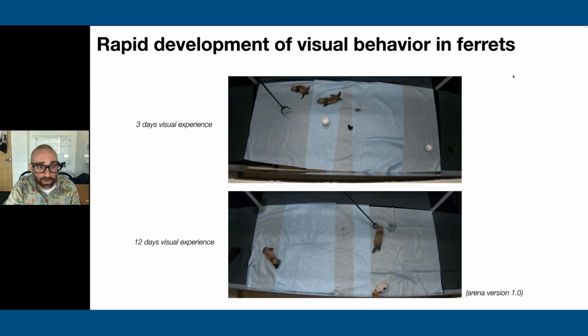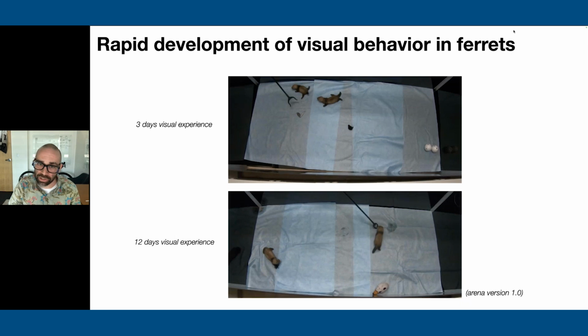And of course, we had to start by understanding what ferrets do in general. And this was not something I'd ever done. So what we very first did back when I first started the lab is we just put animals in a box around eye opening and asked what kind of behaviors they exhibit. So basically 3 days after eye opening, in which systems are highly dynamic and highly engaging in tons of plasticity, the animals basically don't do anything.